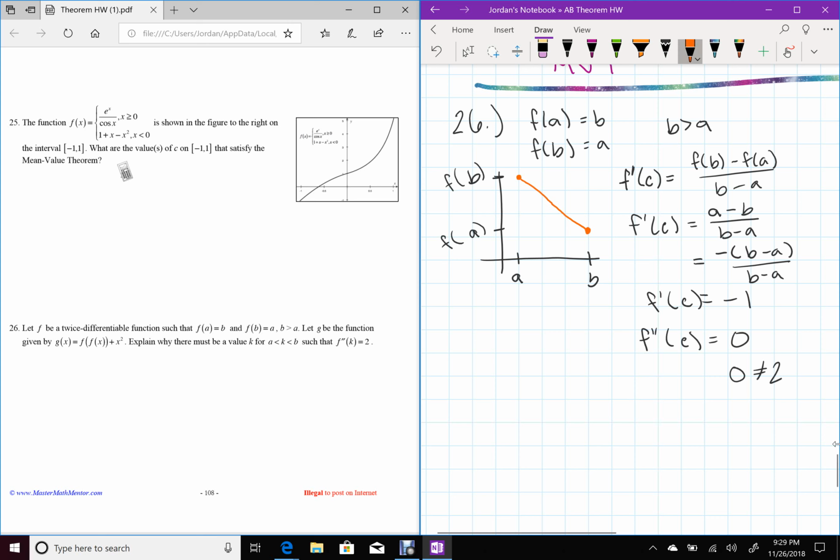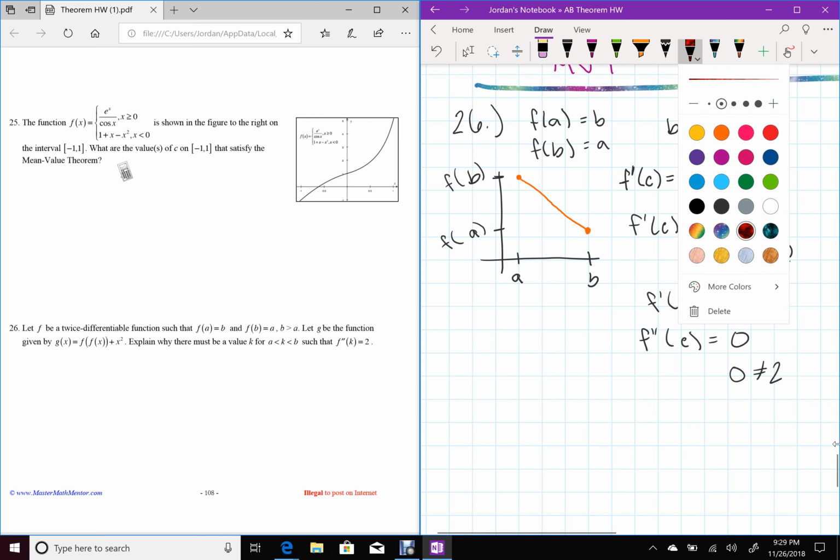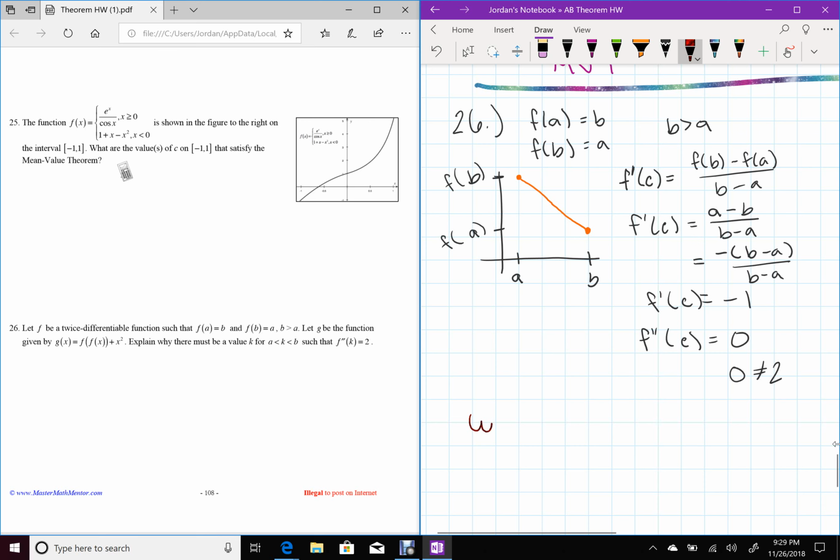So we get stuck. And there will be a better solution coming, but there's no question like this on your test.